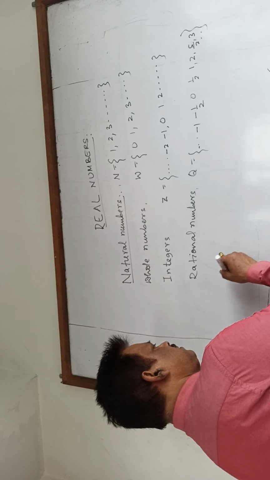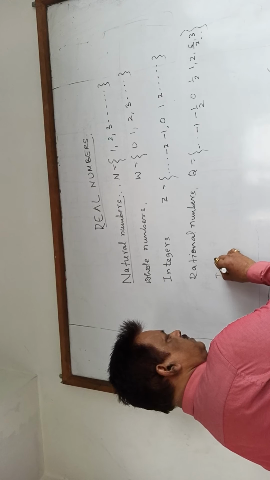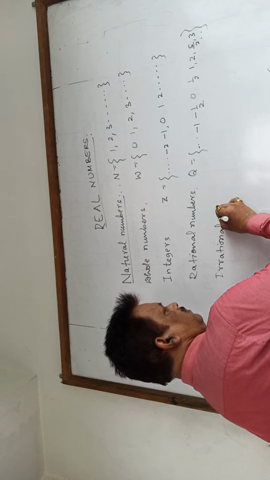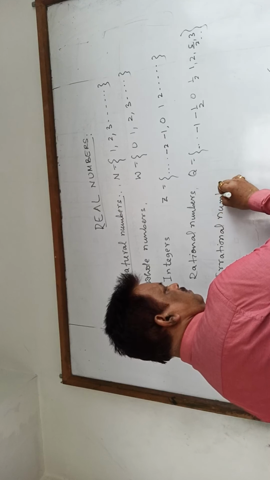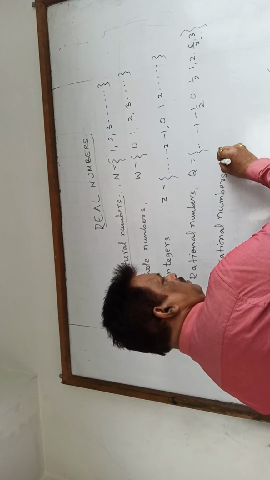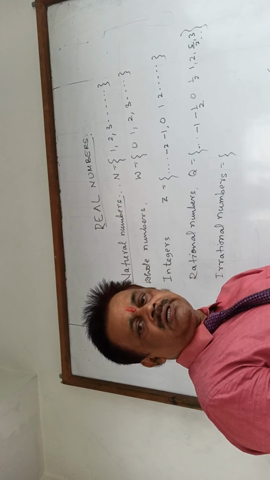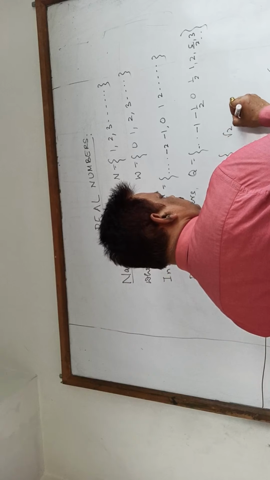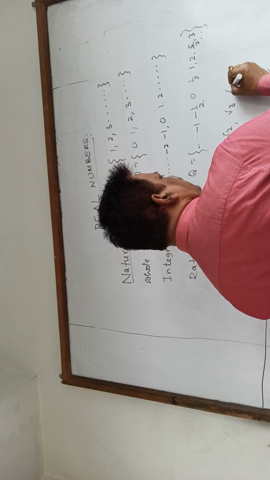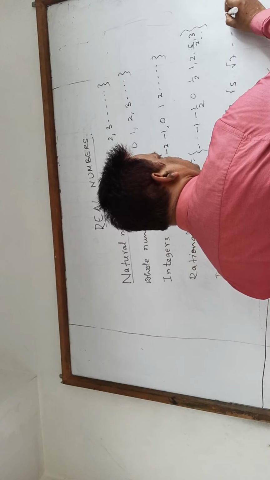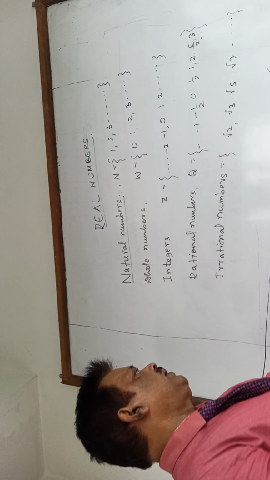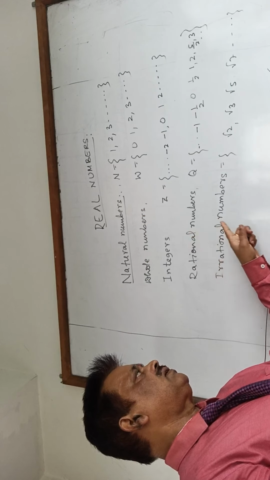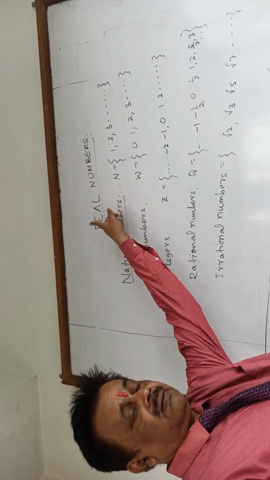Then what about irrational numbers? Those whose square root you cannot find out, like root 2, root 3, root 5, root 7, all this. So when you combine rational and irrational numbers, when they are taken together, you find the real numbers.